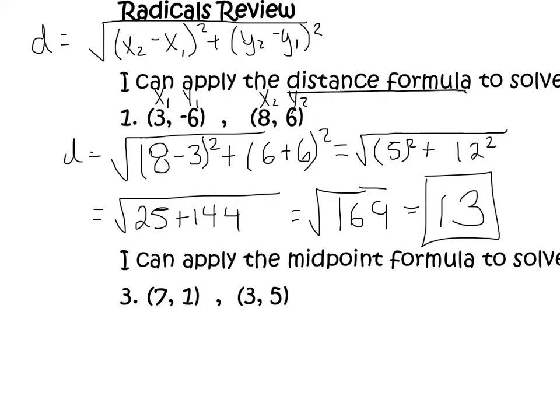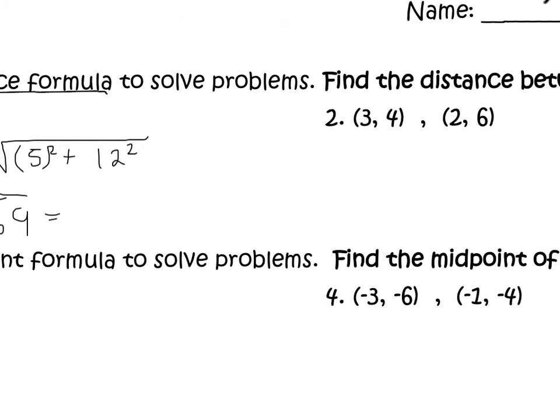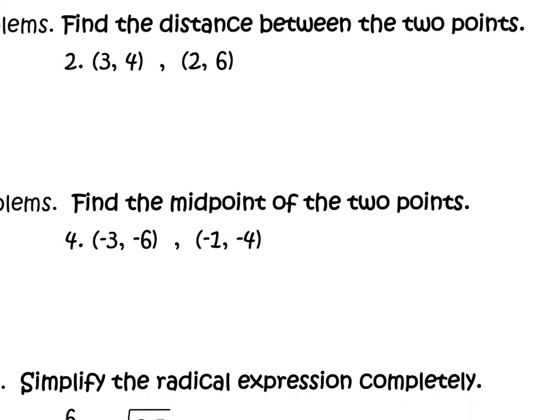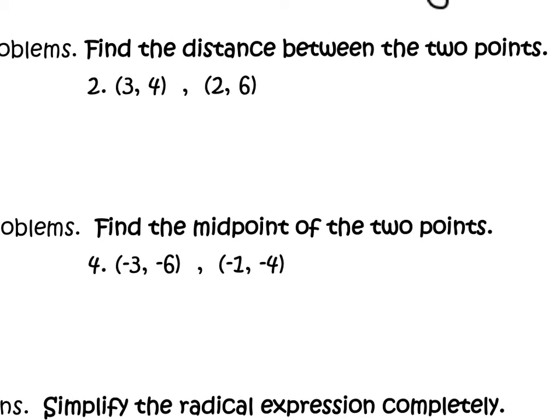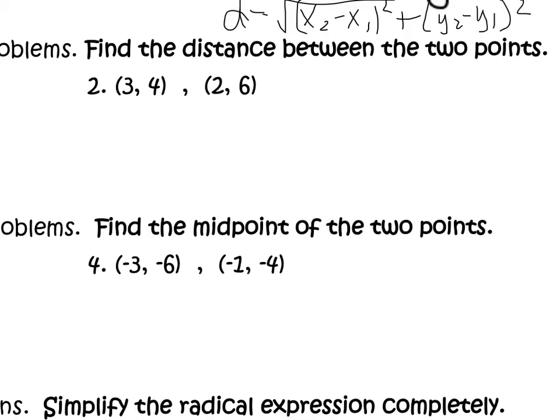So we need to talk through number 2. 3, 4, 2, 6. Same deal. The distance is the square root of x2 minus x1 squared plus y2 minus y1 squared.